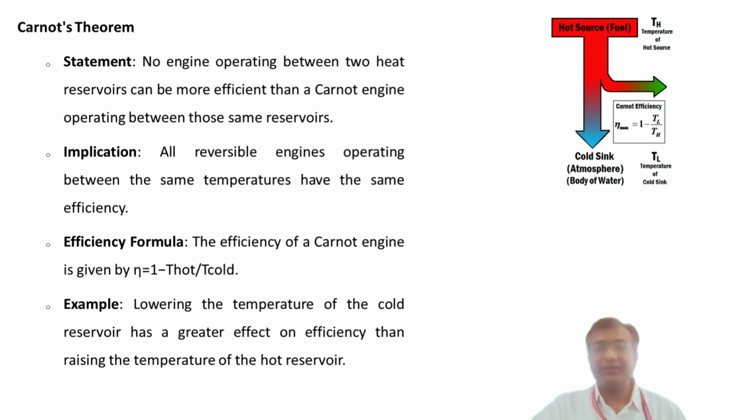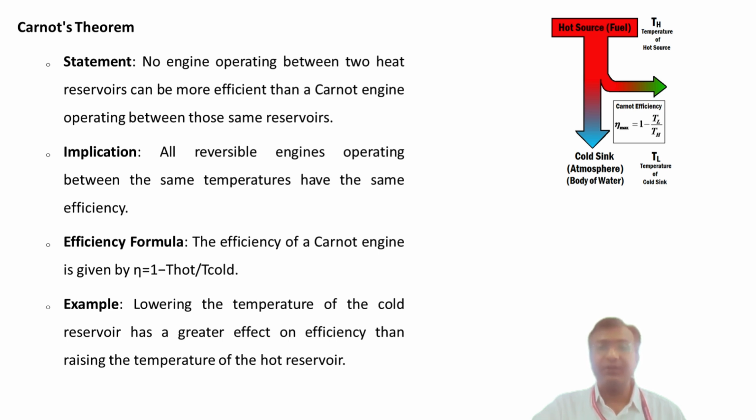Now, this formula is very crucial because it shows that the efficiency depends only on the temperatures of the two reservoirs and not on the specific working substances or the design of the engines. Let me explain this formula with an example. Suppose we have a hot reservoir at 500 Kelvin and a cold reservoir at 300 Kelvin.